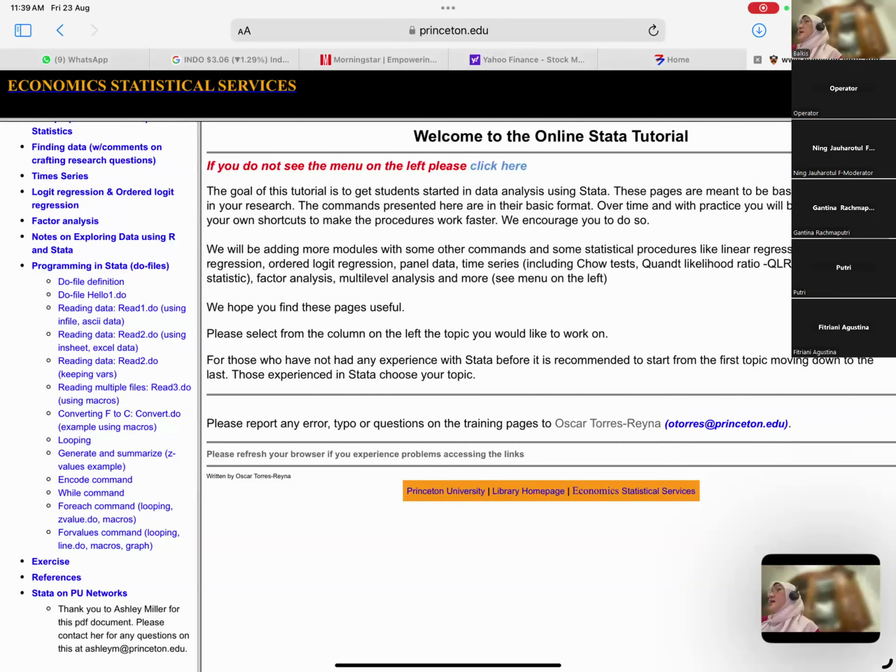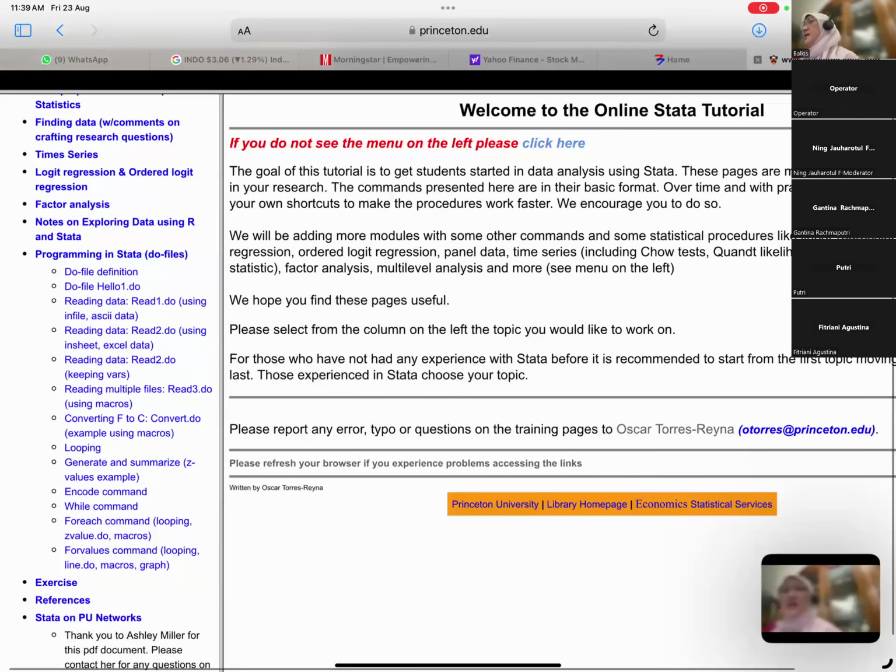Recently they added R. Before, there was only Stata. So if you want to learn Stata independently, you can try looking at this website, princeton.edu. Princeton University.